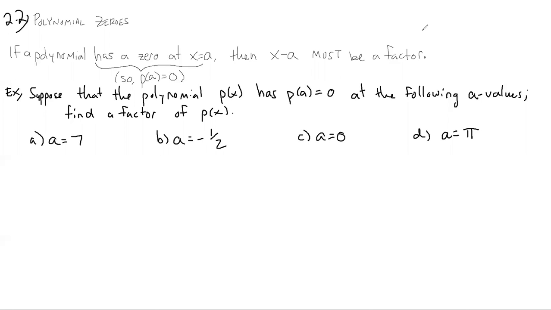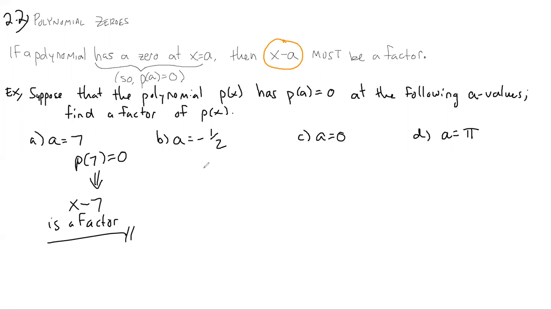So we have a polynomial p of x with p of a equals 0, or has zeros at the following a values. Find the corresponding factor. Really all we're going to do is set up the factor using that x minus a. If a equals 7 is a 0, so p of 7 equals 0, that means x minus 7 is a factor.